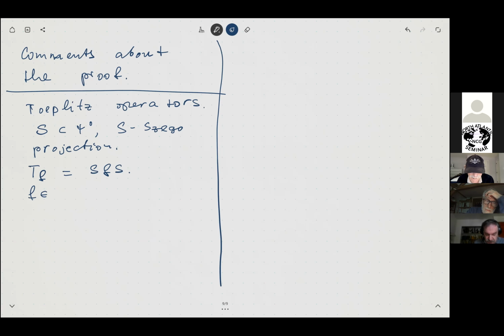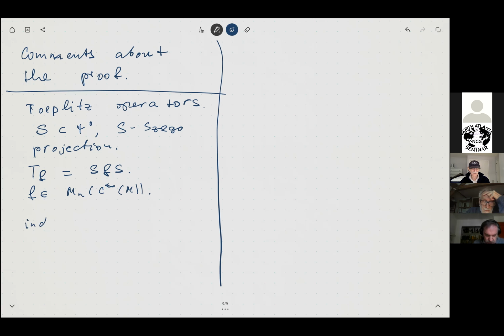Where F is, well, here I probably should write a matrix of functions. So it would be important now to act not just on functions, but actually on sections of trivial vector bundles.